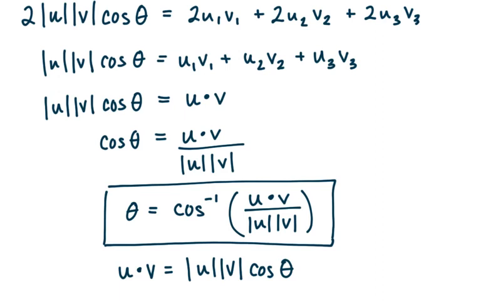So in this video, we talked about what the dot product is, how to calculate it, and then also we talked about the theorem for the angle between two vectors. We derived that theorem. In the following video, we're going to do an example, maybe two examples, where we use this formula.